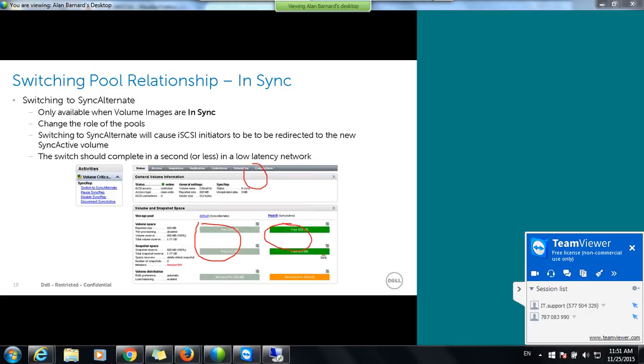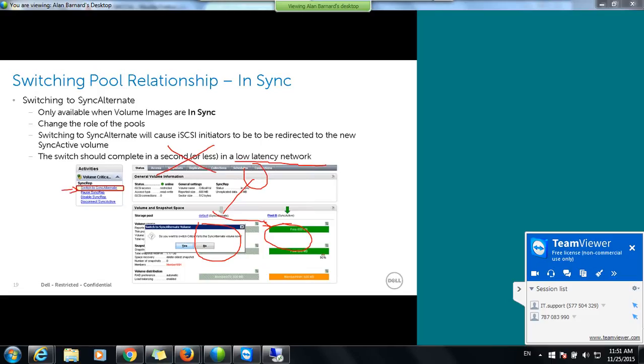So you have a host in here, and it will be redirected to here. The switch should complete in a second or less. Yes, in theory. Why? Because you need a low latency network. If you don't have a low latency network, then this will sometimes take ages. Okay, to switch, it's quite easy.